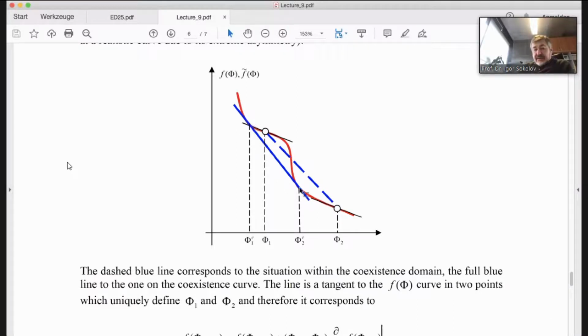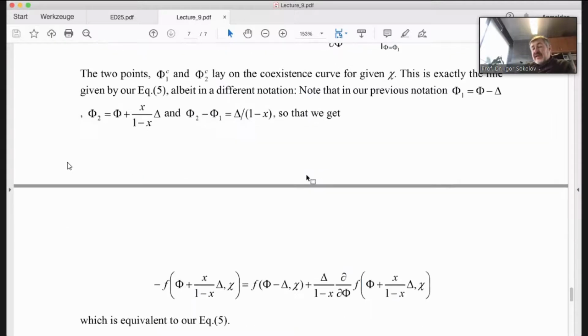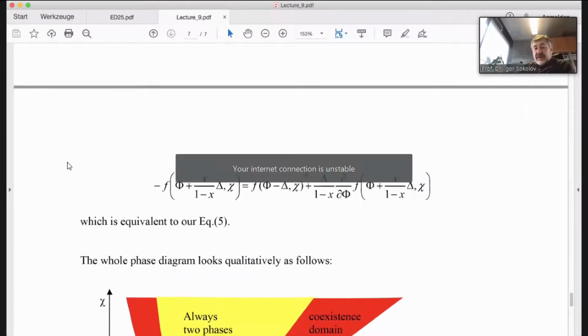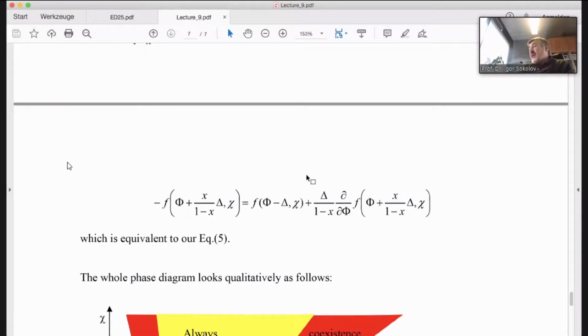This consists of two branches at which you have a common tangent to your curve. Make many such graphs, but it's the same as graphical solution of my system of two algebraic equations, which is awkward.